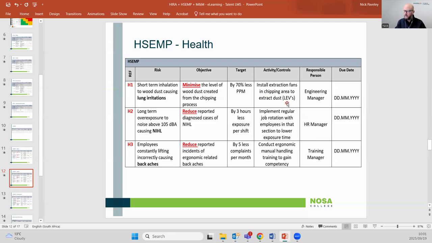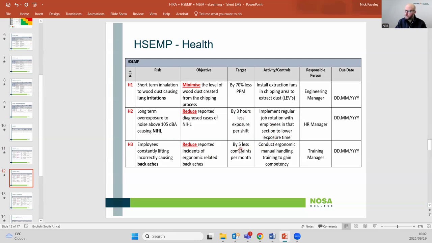For health 2, a very successful administrative control, implement regular job rotation with the employees in that section to lower exposure time, because that was my target. I want to reduce exposure time by 3 hours less per shift. And this is how I'm going to do it, by swapping my staff around the area. So you're going to spend this amount of hours in the debarking section. Then from there, you move to that section. So you're rotating your staff.